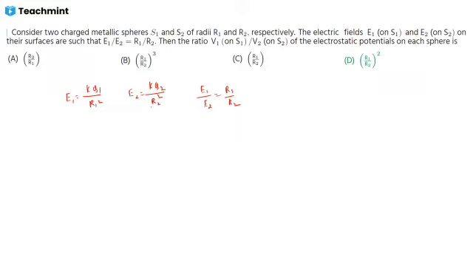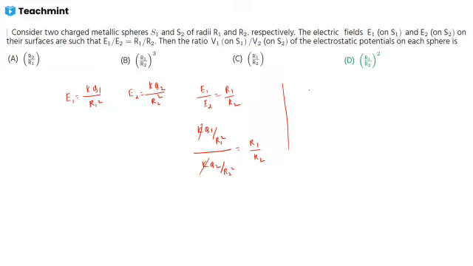Okay. Now E1 value, E2 value we know, no? KQ1 by R1 square divided by KQ2 by R2 square is equal to R1 by R2. Here K will get cancelled.